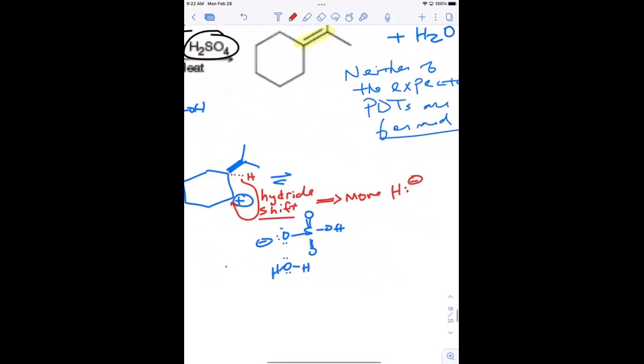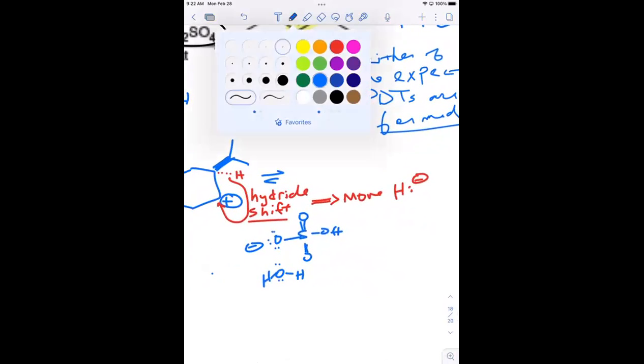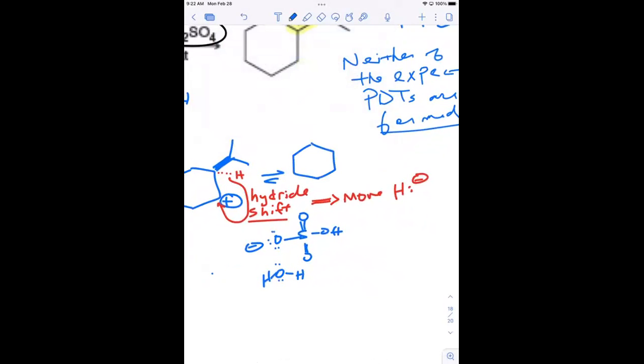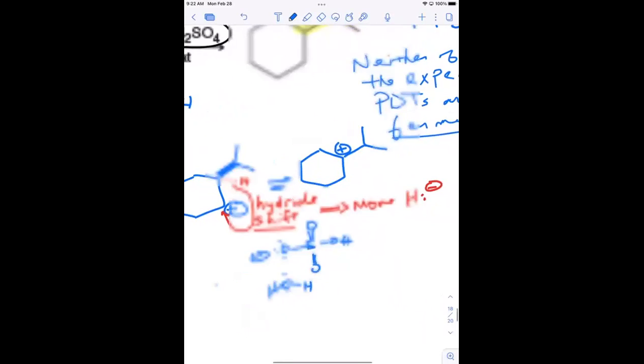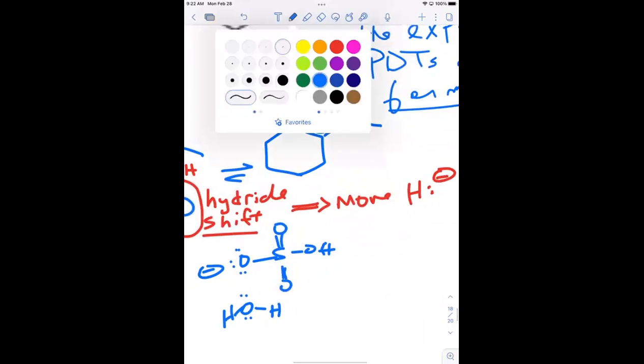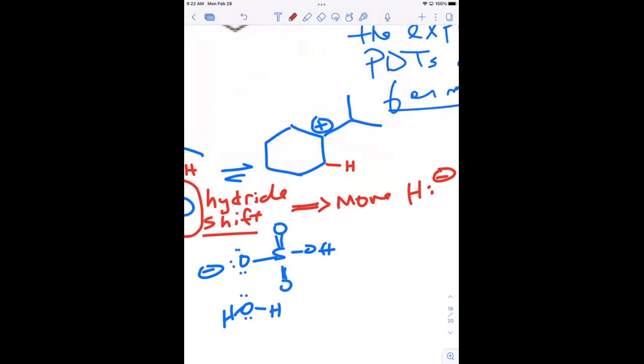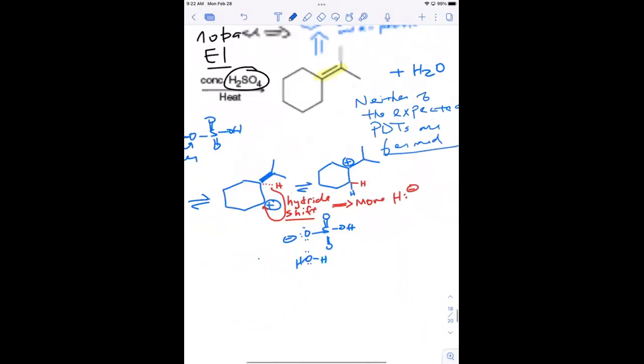What that's going to do is give me this carbocation. Let me not scramble it, I'll just draw it without stereochemistry. Now that's my carbocation. And then that hydride that I moved is now down here, along with the other hydrogen that was already there. All right. Questions about that?